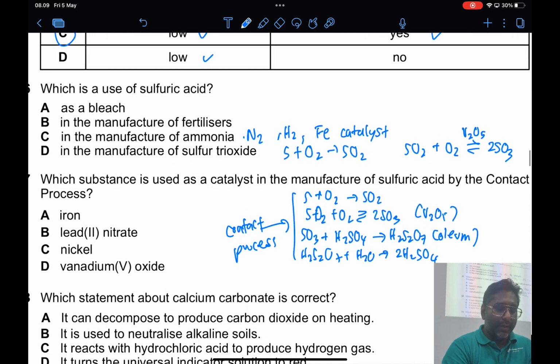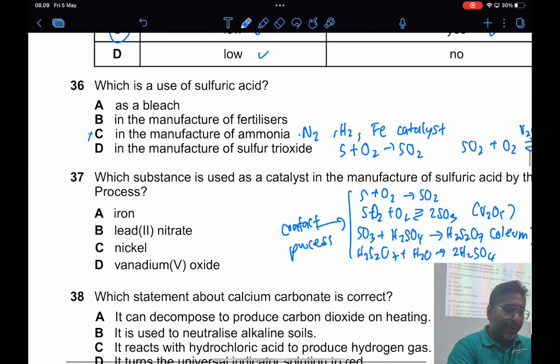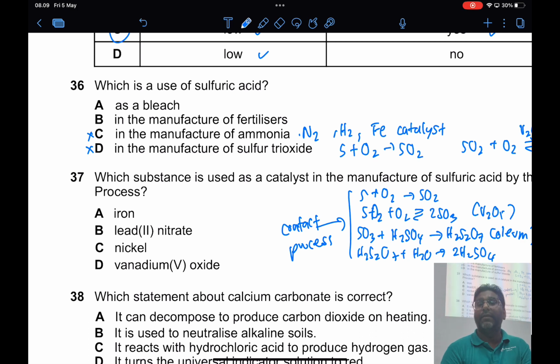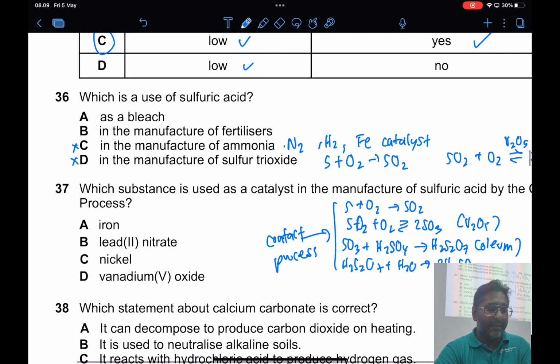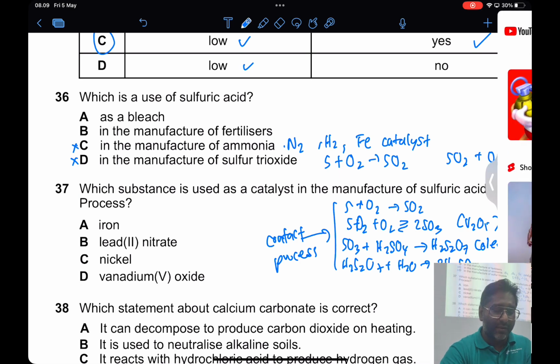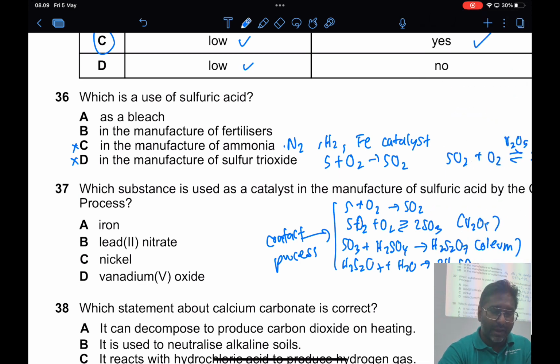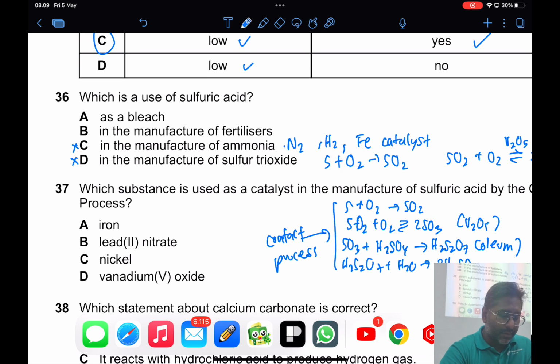Now, therefore, we know for sure, not this, not this. Bleach, we use Cl2, chlorine gas. So, manufacture of fertilizers. Whether it's going to be manufacture of fertilizer or bleach, if you look at the answer, hold on. Where did I save the answer?